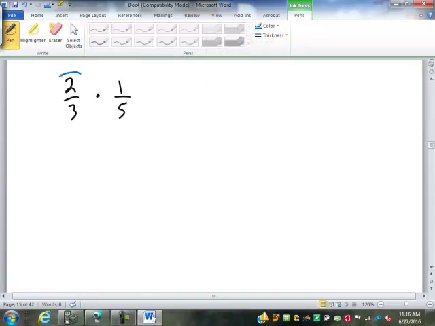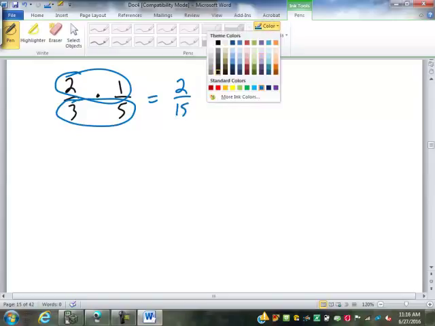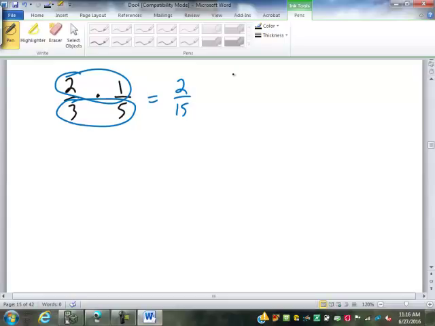So our counts are 2 and 1. We combine them with multiplication because we're multiplying. What's 2 times 1? 2. Then we also combine the names, the 3 and the 5. What's 3 times 5? 15.